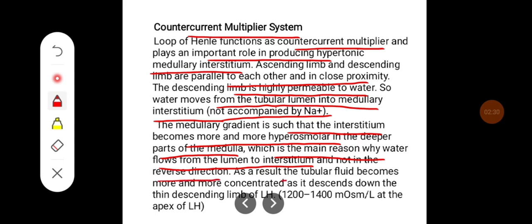As a result, the tubular fluid becomes more and more concentrated as it descends down the thin descending loop of Henle. The concentration will be around 1200 to 1400 milliosmoles per liter at the apex of the loop of Henle.